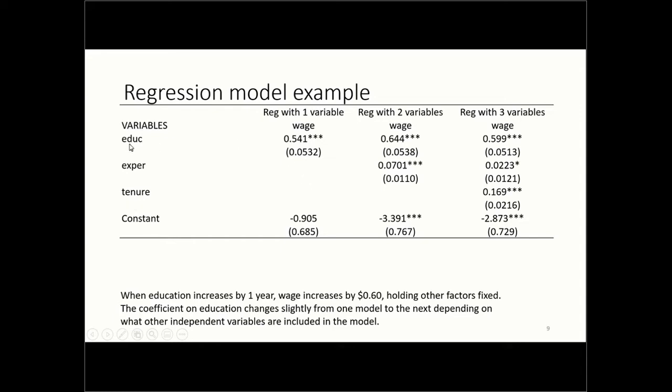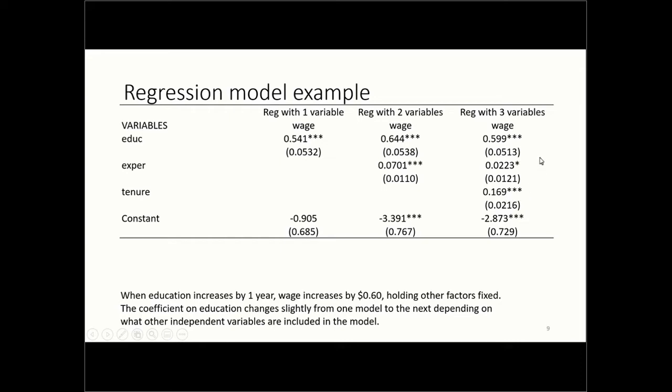So here, if education is the only independent variable included, that would be the coefficient. In the model that has two independent variables, education and experience, these are their coefficients. And in the model with three independent variables, these would be the coefficients for education, experience, and tenure. And if you notice carefully, these are exactly the coefficients that are on the previous two slides.